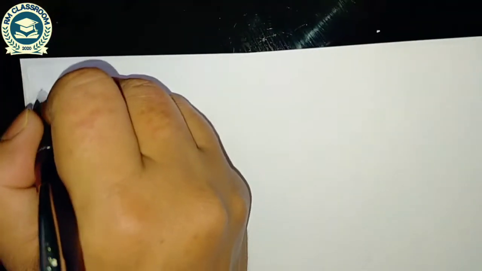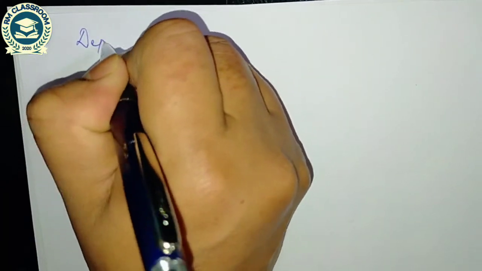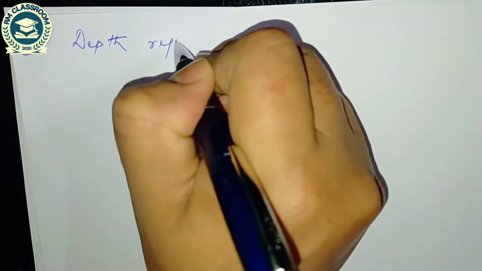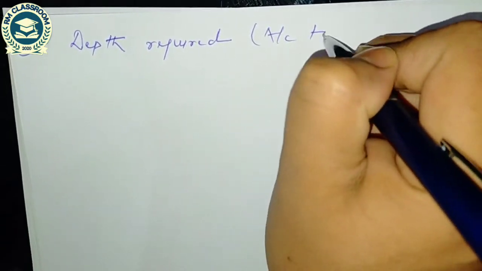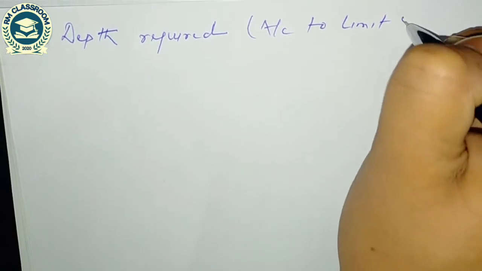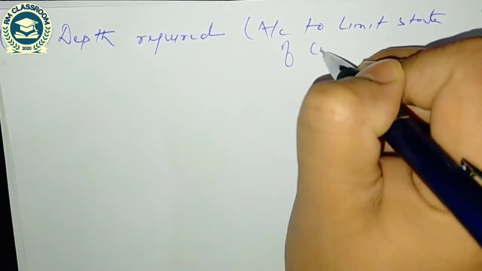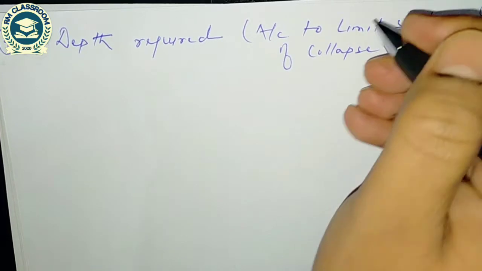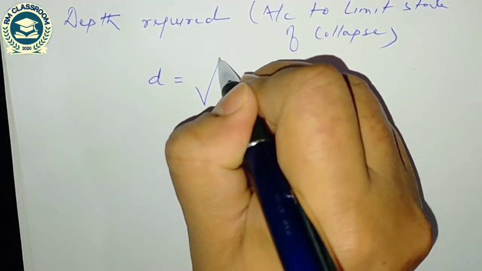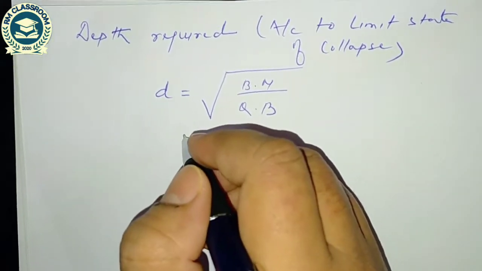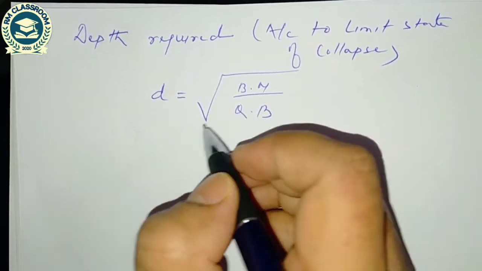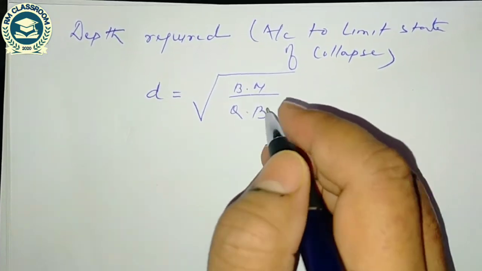So with the help of this bending moment we can compute the effective depth. So depth required according to limit state of collapse. D is equal to square root of bending moment divided by Q into B. And for Fe415 the bending moment coefficient is 0.138 FCK.